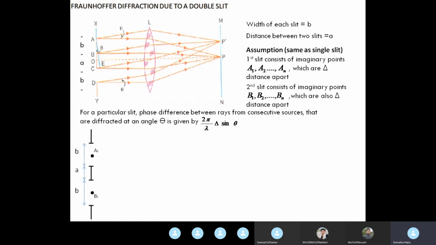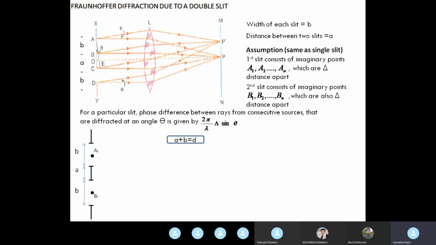So if I take the ith imaginary point in the first slit, I take the ith imaginary point in the second slit. Since I have considered the same number of imaginary points in both the slits, if I take suppose A5 in the first slit, I take B5 in the second slit. All right, corresponding imaginary points in the two slits, Ai and Bi.